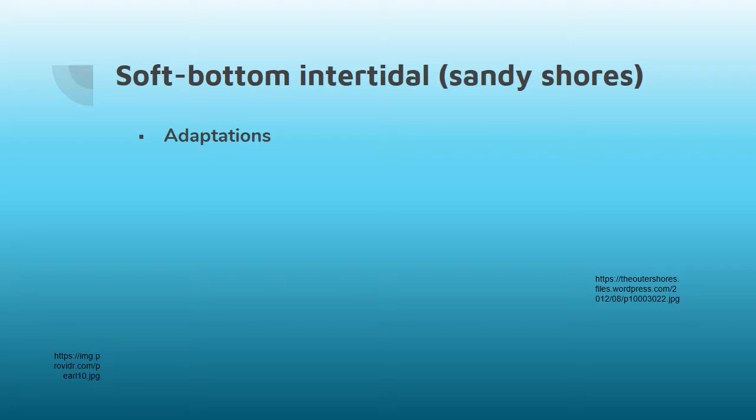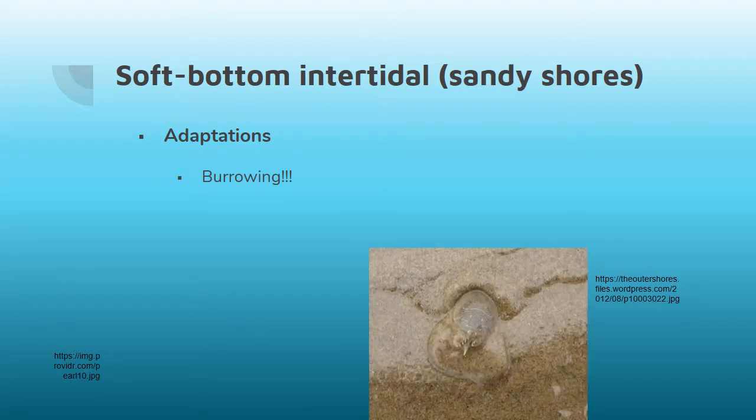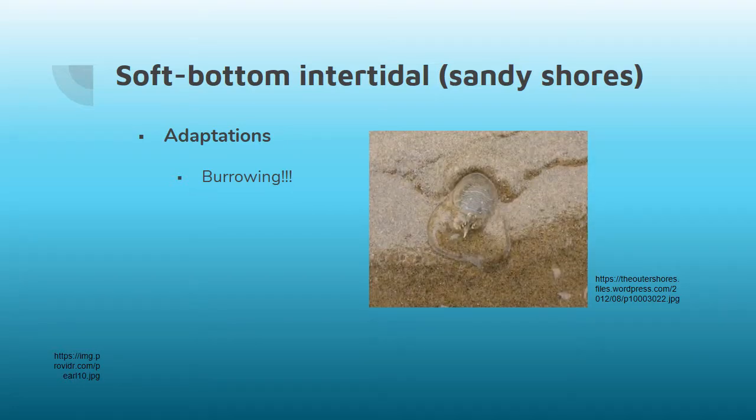So referring to the stressors before, some of the adaptations that the organisms have are burrowing, which is really cool. We can see in the mole crabs here that burrow, and we also see that in the clams as well. I just thought this was a good representation of it, and that helps a lot with predation because the birds are less likely to be able to reach if they're burrowing super low in the sand when the water is away.